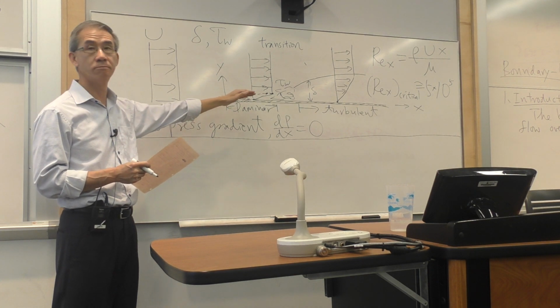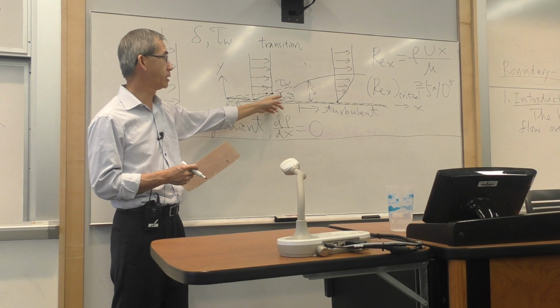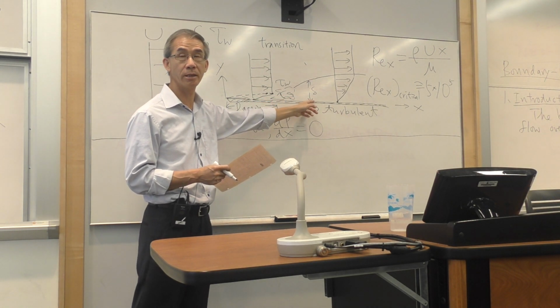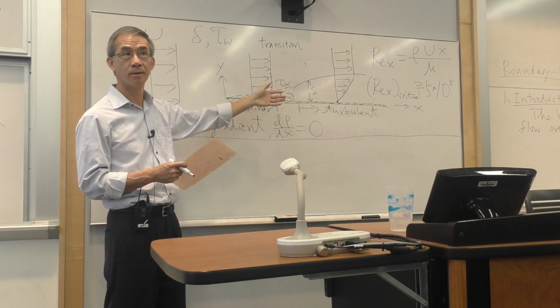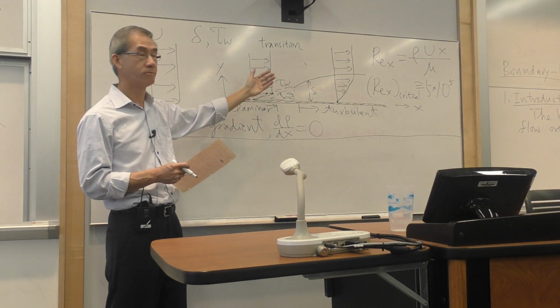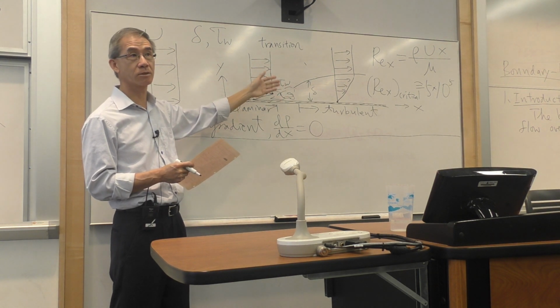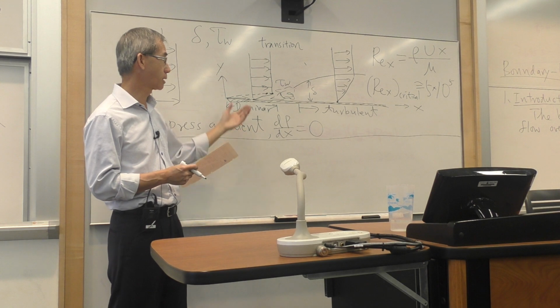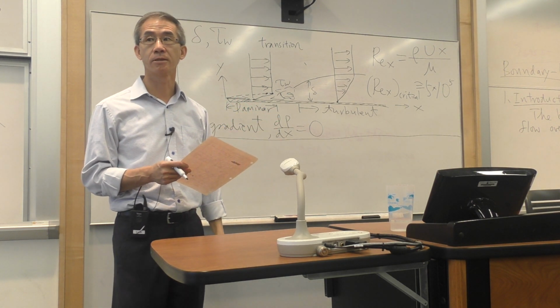This layer will grow, and the further down you go, you will go from a laminar nature to a transition and finally a turbulent nature. And all those have a first order impact on the shear, on the power required, on the heat transfer, etc. And that's the engineering analysis that people pay you to do in industry.